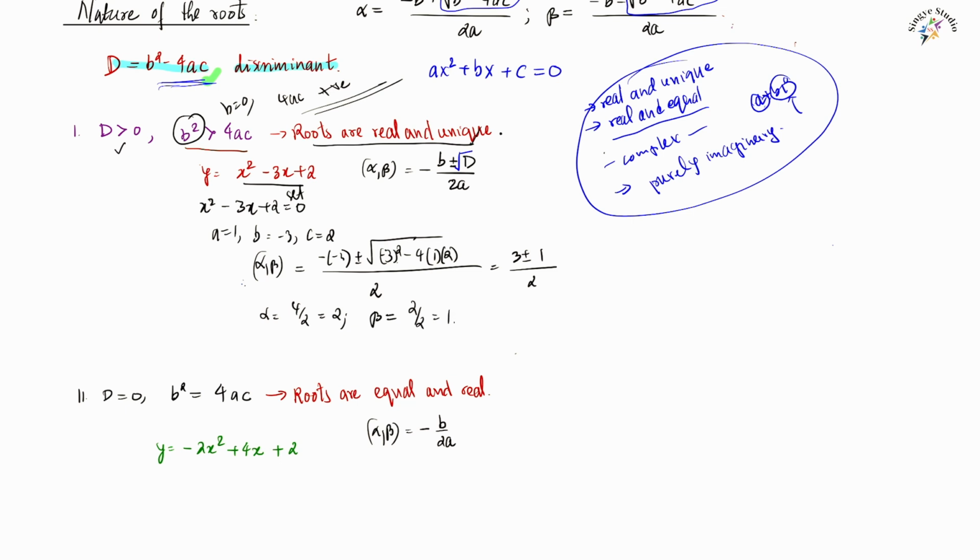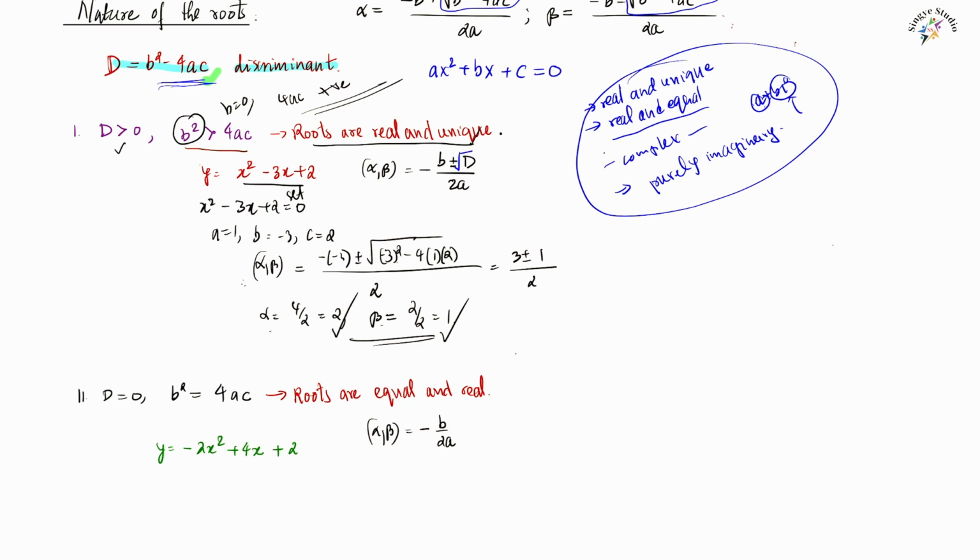Here we got alpha 2 and beta 1. So both are real, right? And these are not equal, which means alpha and beta are not equal, but they are unique and real.